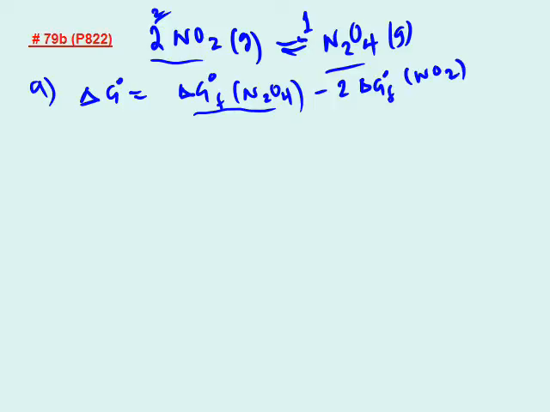Now I'm going to use these values from Appendix C, and the value for N2O4 is 98.28 kilojoule per mole times 1 mole, because there's 1 in front of N2O4, so that gives me kilojoule, minus 2 times the value of NO2, which is 51.84.